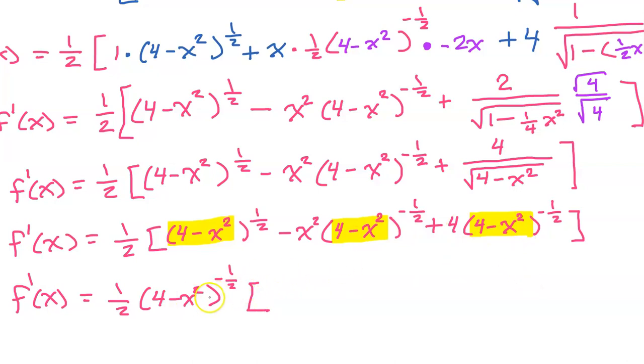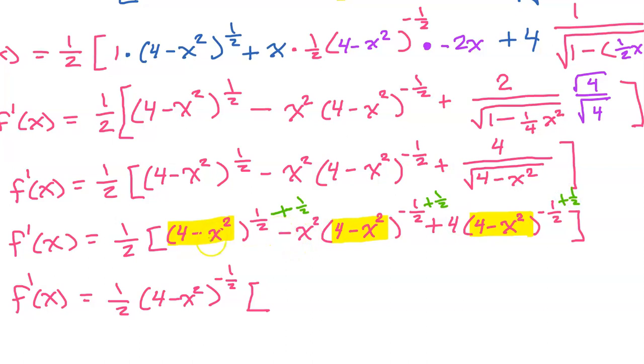When you divide by a base and a power, you subtract the exponent. So I really need to subtract negative 1/2, but minus a negative is addition. So really, I'm going to end up adding 1/2 to all of these powers.